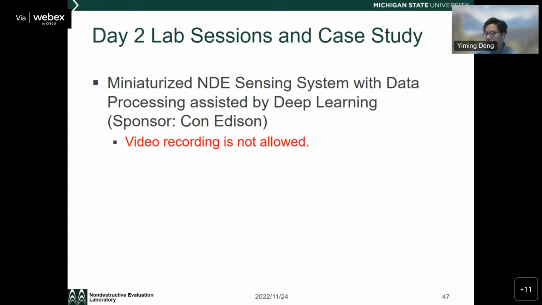I have some video to play, although it's a draft video, and also we will have this project as an example of showing what we have learned so far in data processing and deep learning based damage identification and classification. So I'll stop here if you have any questions.